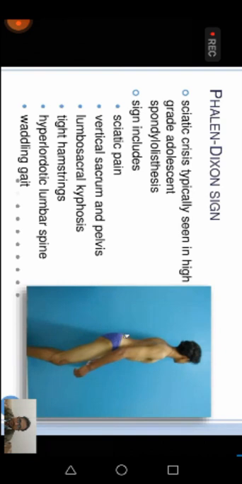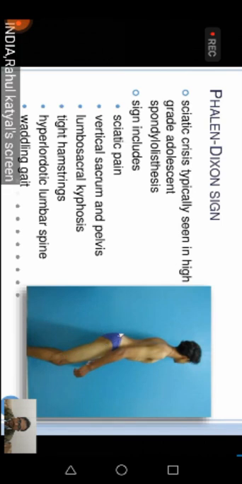Now you can see the lower back is more round. That means there is hyperlordosis in the lumbar region. There would be tight hamstrings and sciatica-like pain. The sacrum becomes straight, and the pelvis also moves slightly forward.